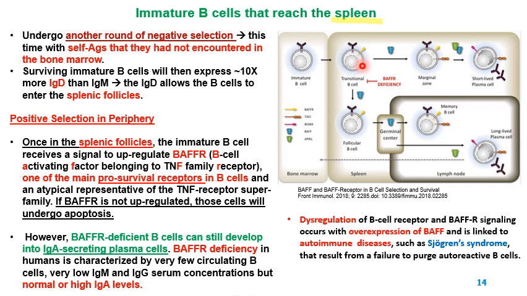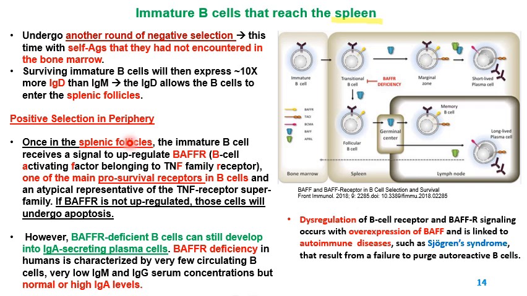Okay, B cell best friend forever. The proper name for it is B cell activating factor belonging to TNF family receptor. Who cares? Just think about your best friend forever. That should tell you this thing is going to keep your B cell alive.